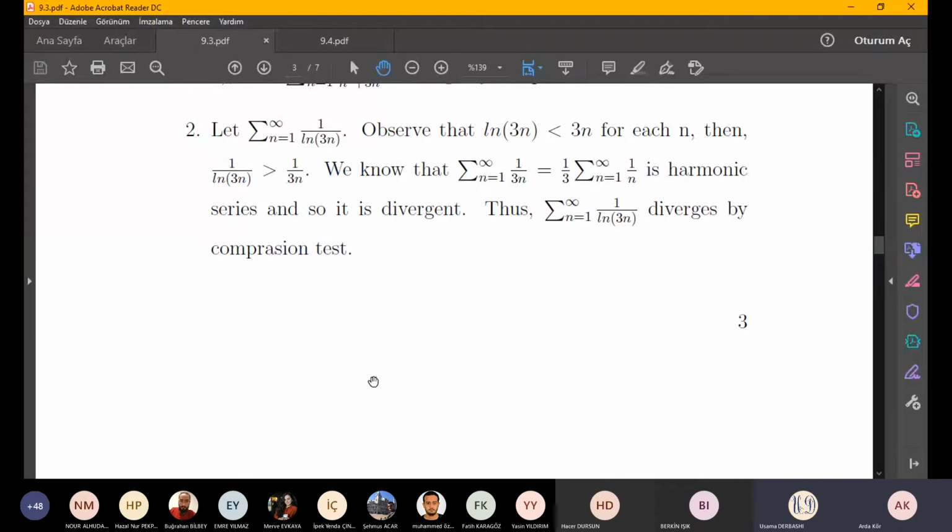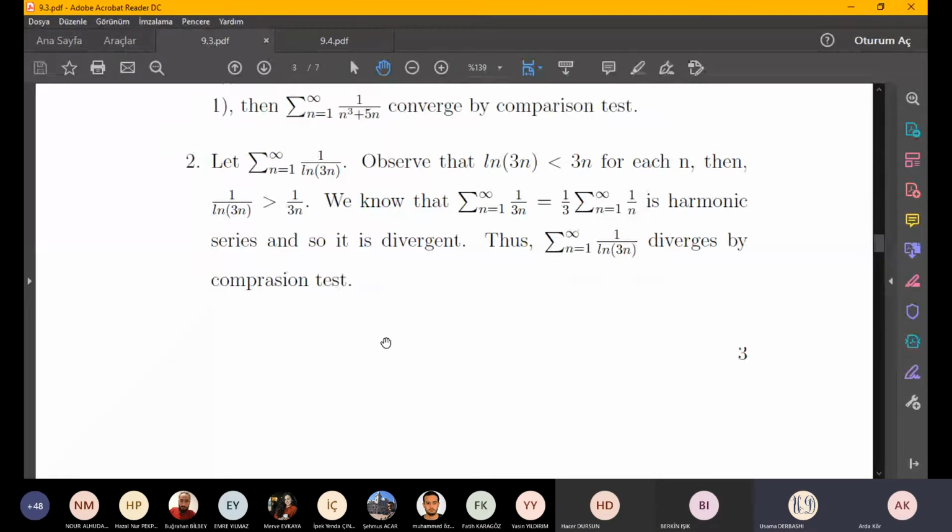For that, if the larger series diverges, then the first series should be divergent as well, the smaller one. This is the smaller one. Okay, hear me out. Let's say we have two sums.